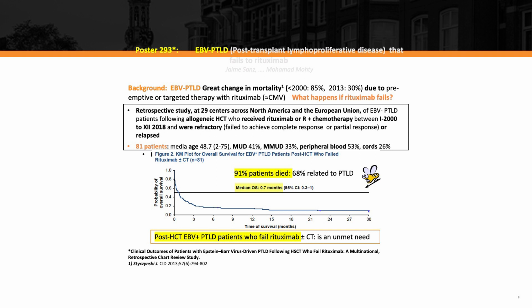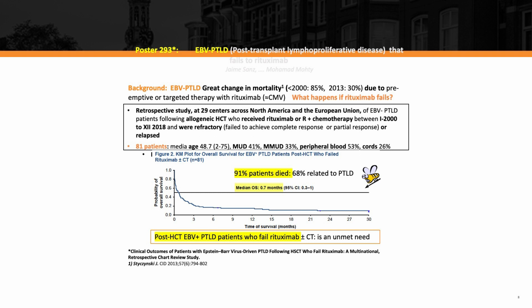This is a retrospective study at 29 centers across America and the European Union of EBV PTLD patients following allogeneic stem cell transplantation who received rituximab or rituximab plus chemotherapy between January 2000 and December 2018 and were refractory.